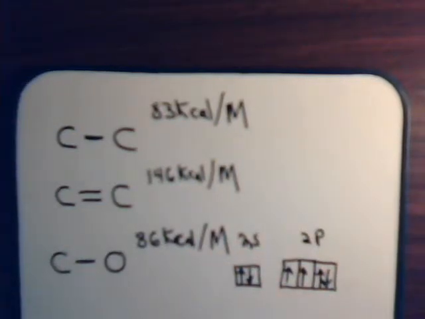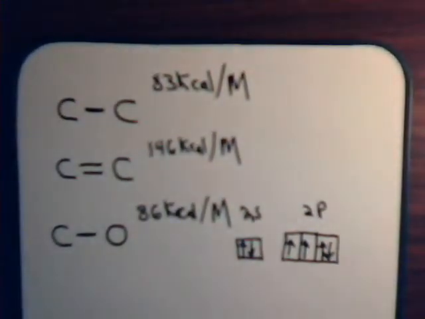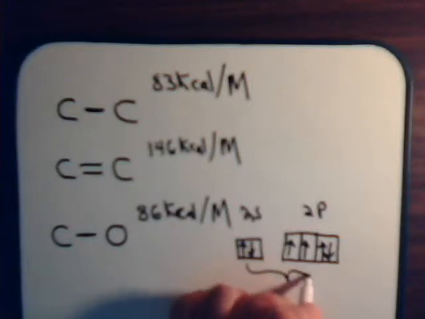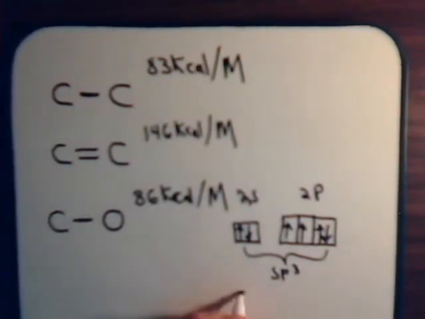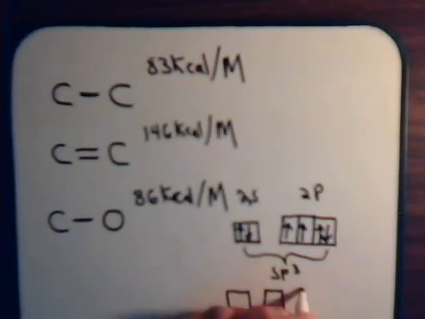And now what happens is we do have sp3, all of these hybridized together to give 4 equivalent sp3 orbitals. When we say equivalent, we mean they all have the same energy level.